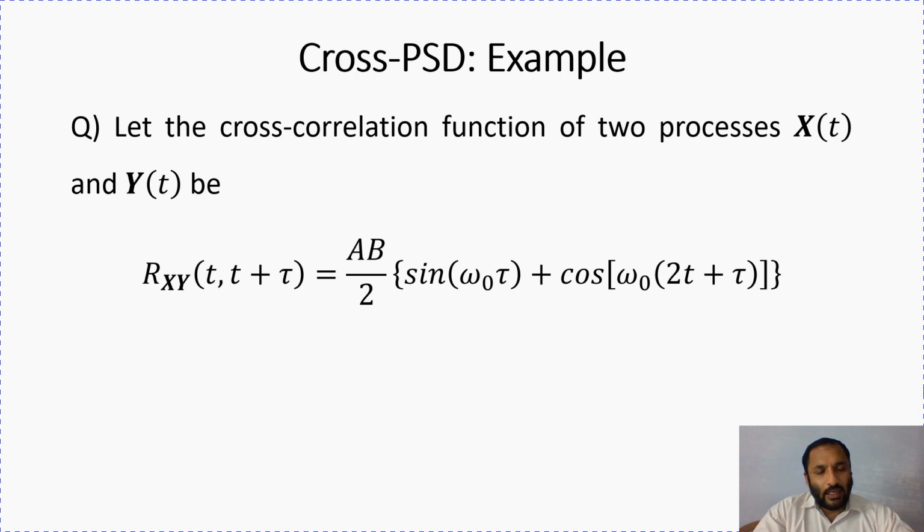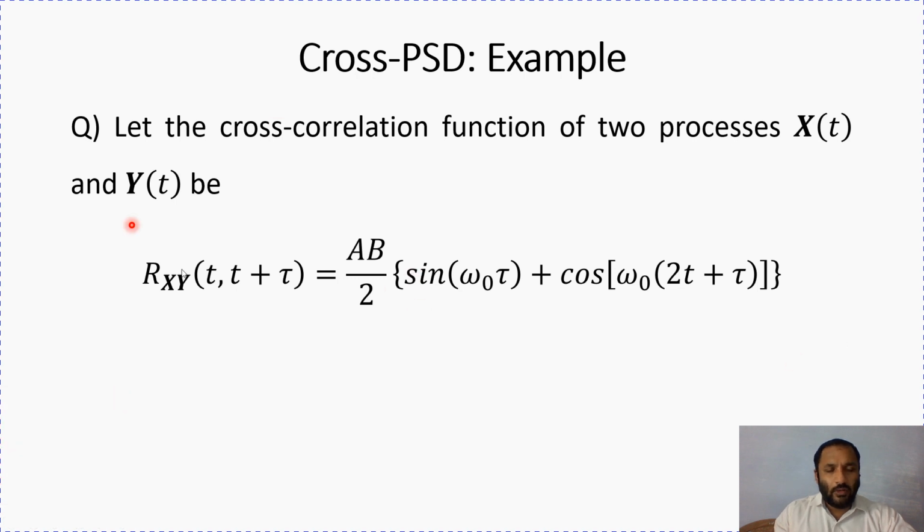If both of these processes are wide sense stationary, then the cross correlation function should be only a function of tau, the time difference between these two time points t and t plus tau.